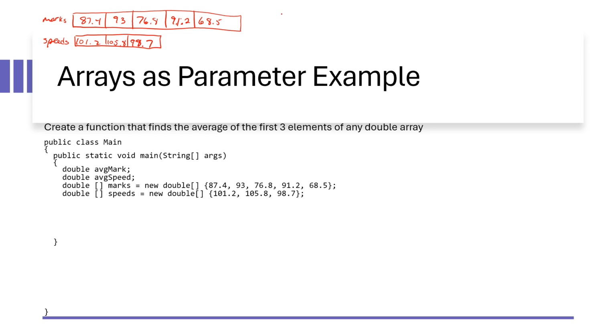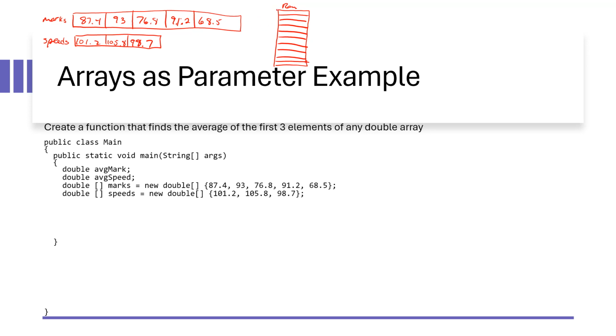In RAM, it's more of a vertical structure, but it still operates in the same way. So imagine this is my RAM. Let me just write this out here. What happens is when I create this marks array, it finds the first available amount of memory that can hold 5, in this case, doubles.